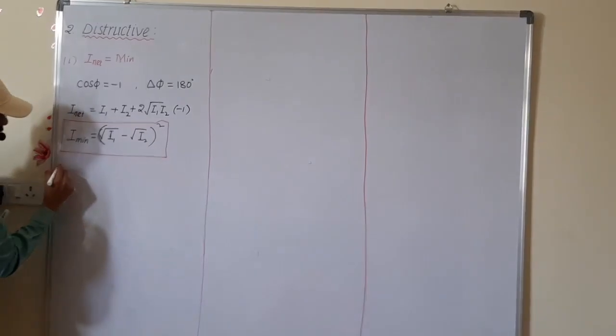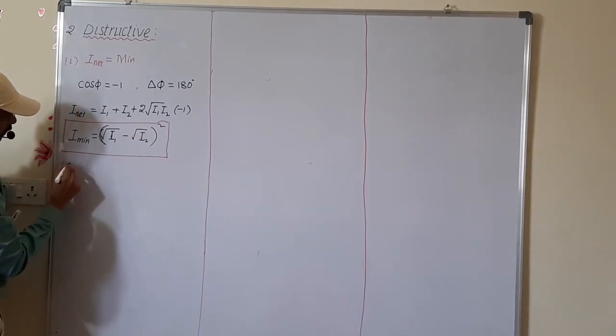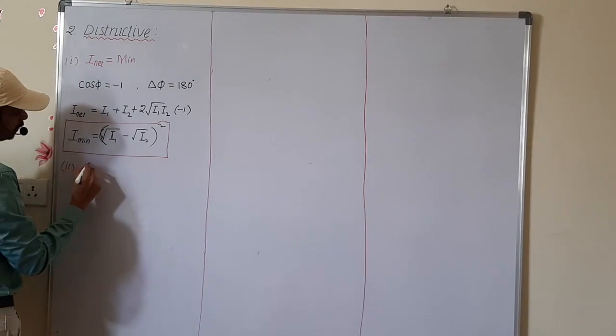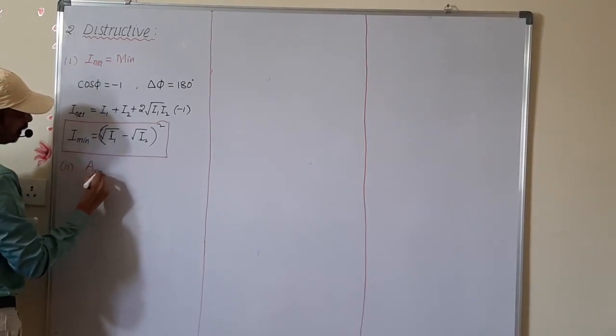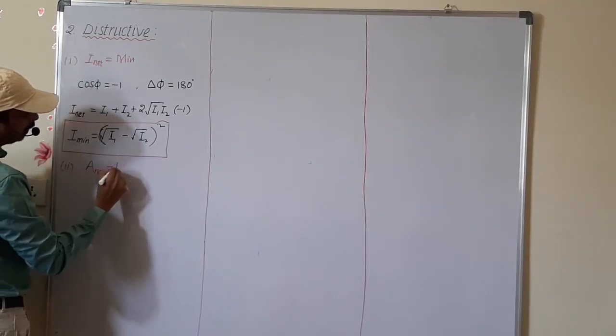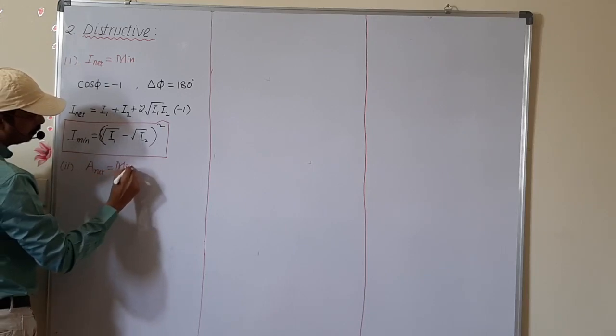The second point we can discuss in terms of amplitude. A net is again minimum.